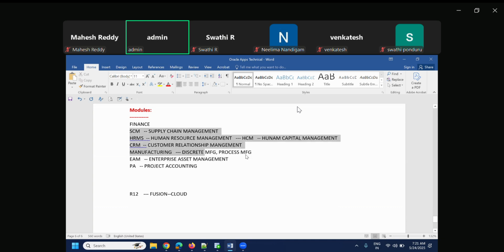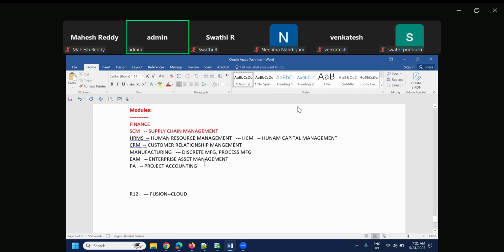I work on discrete, but I never got a chance to work on process. I'm good with EAM and project accounting. But for you guys, we are putting max 4 to 5 years, so finance and SCM is enough, even for 10 years. Finance and SCM is the boundary for you, so forget about the remaining.